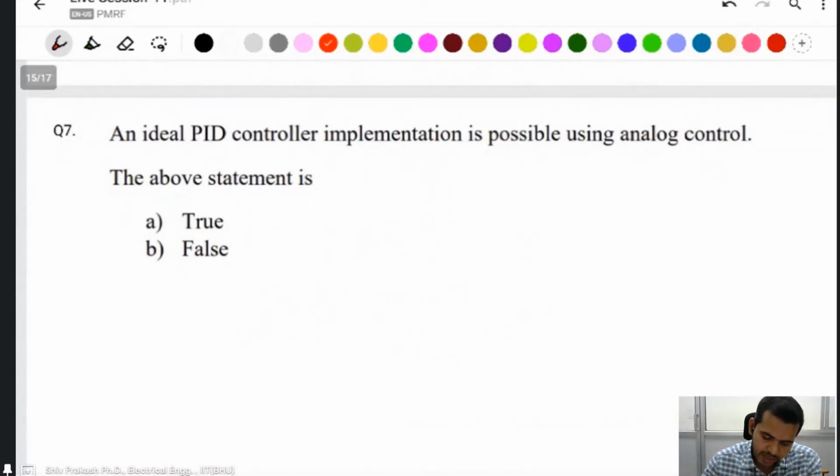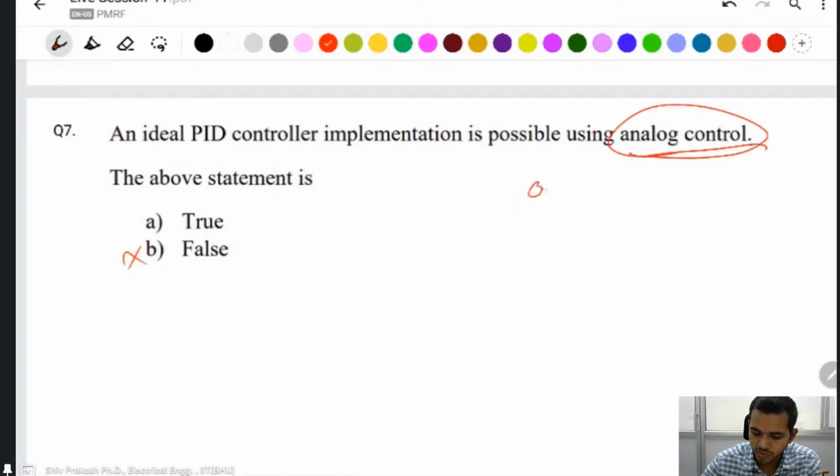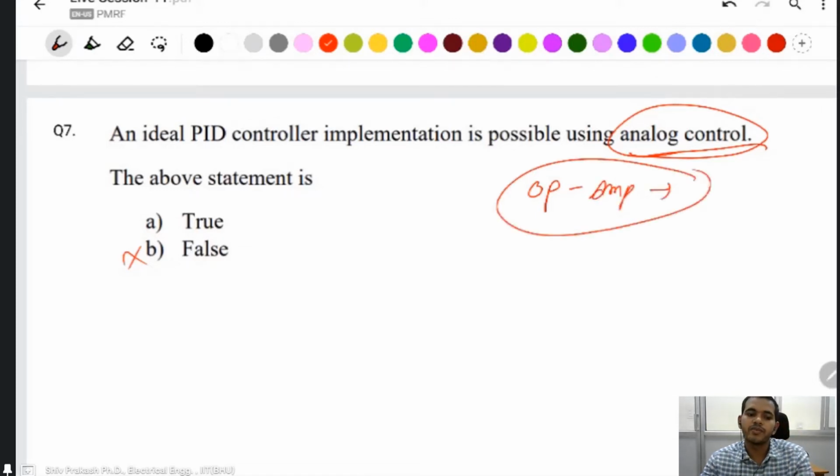An ideal PID controller implementation is possible using analog control. Analog control is not possible because in an analog control you use an op-amp. The op-amp has some bandwidth limitation.